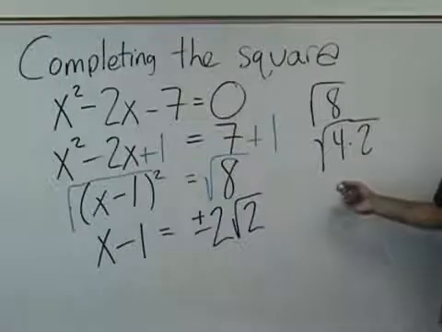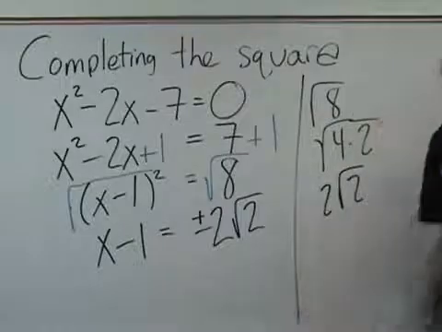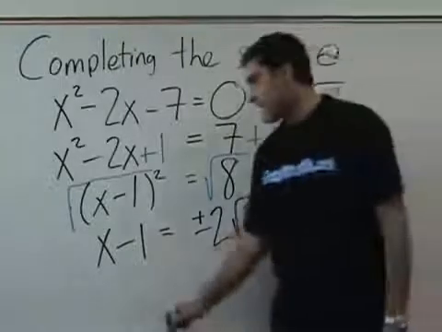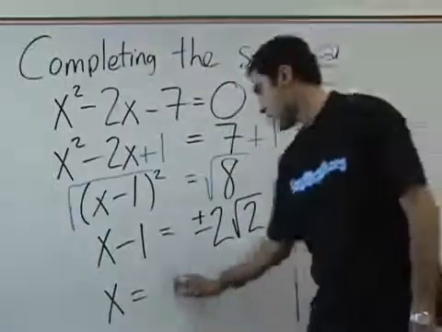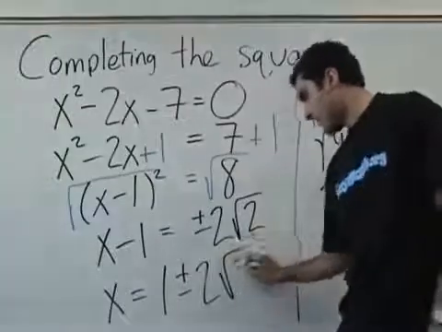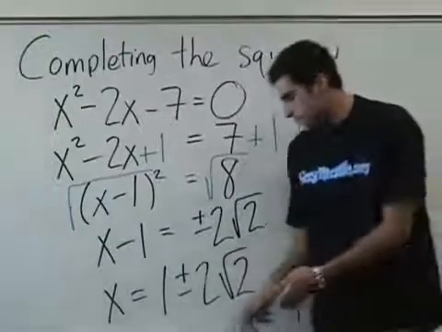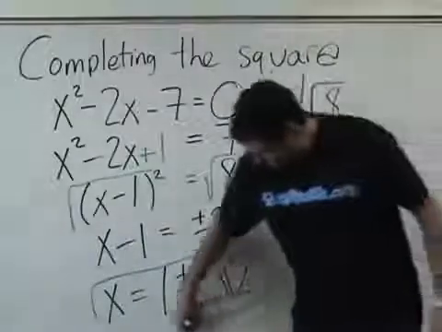Square root of 4 is 2. Plus 1 on both sides. So it's 1 plus or minus 2 square root of 2. Okay. Yay.